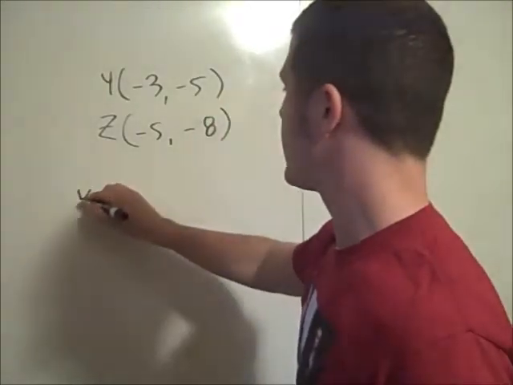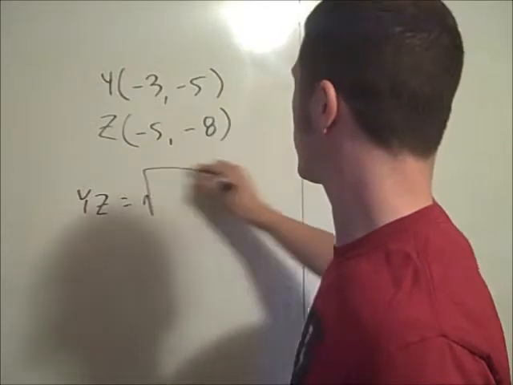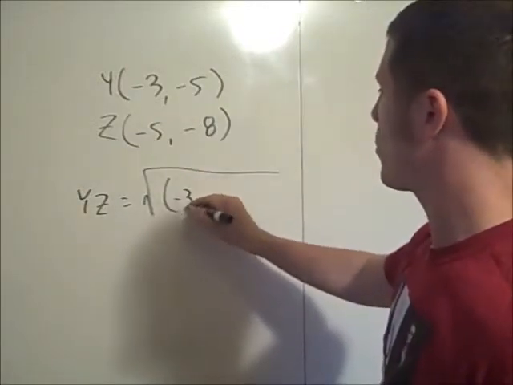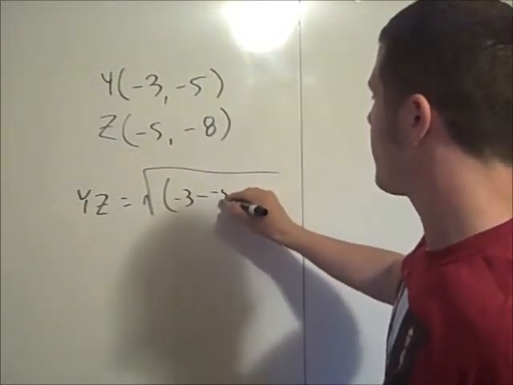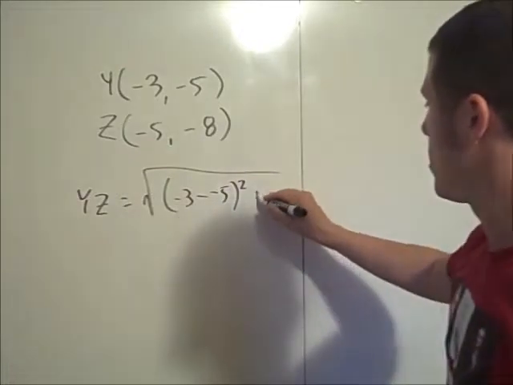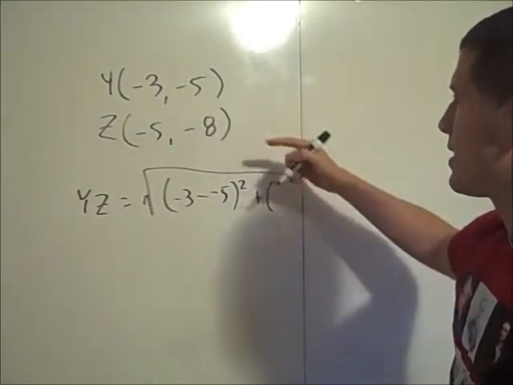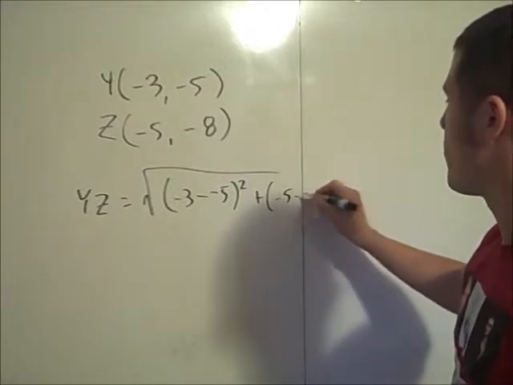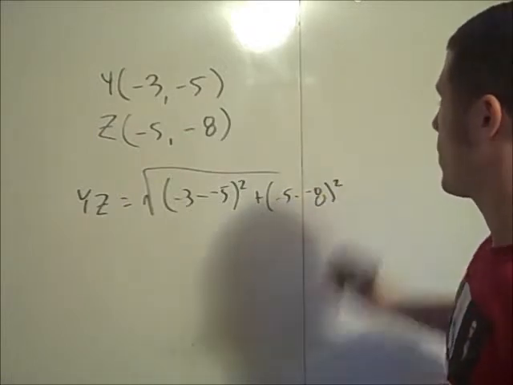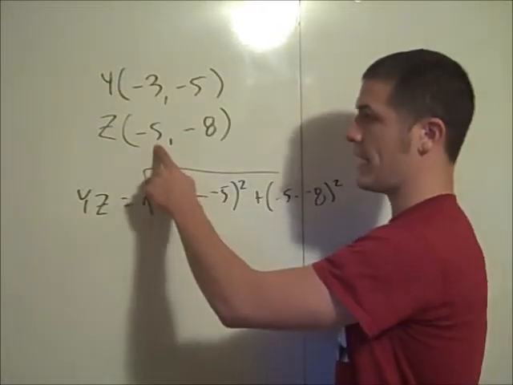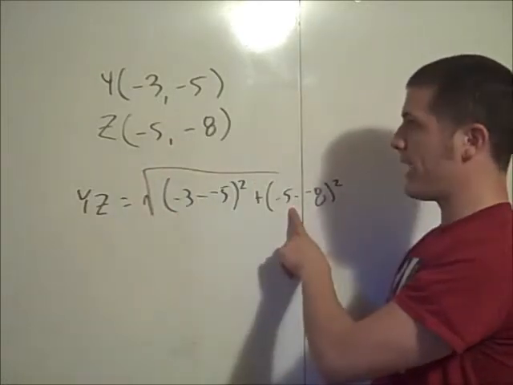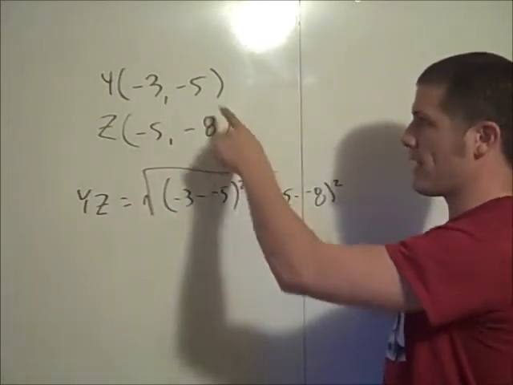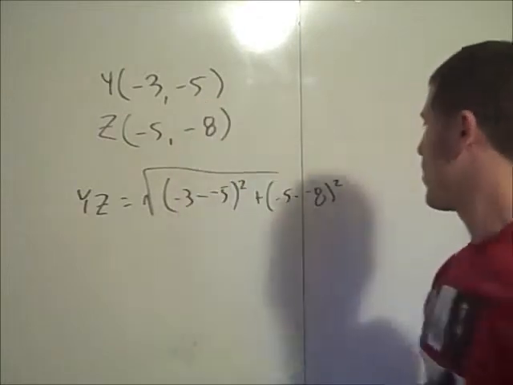Then the distance yz is going to be the square root of negative 3 minus negative 5 squared plus, difference of the y values this time, negative 5 minus negative 8 squared. So this negative 5 is the x value of z, and this negative 5 is the y value of y. Okay.